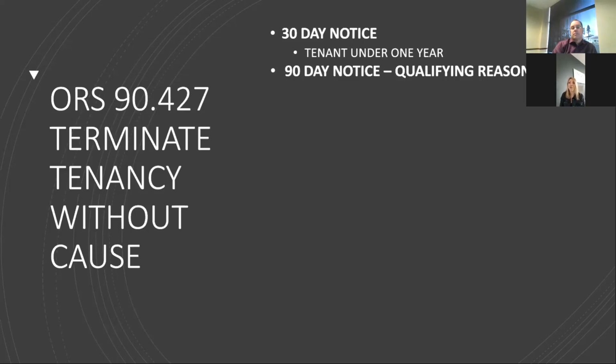You can give them a 30-day notice prior to the lease end date, but only during that first year. If that tenant continues to stay for 2 and 3 years, you would have to give a 90-day notice. So the only way to give the 30-day notice is anything under a year. A 90-day notice is for everyone over 1 year, and that is for qualifying reasons.